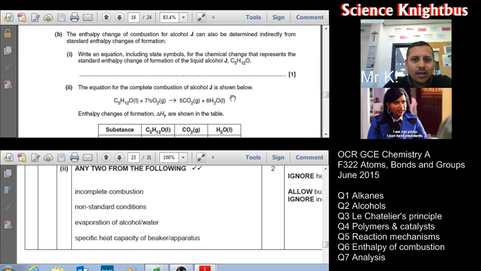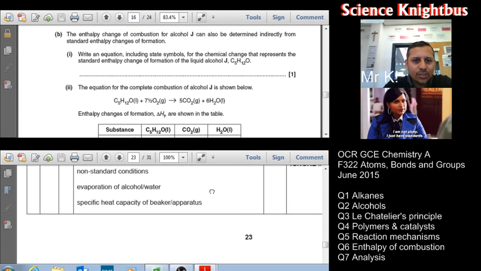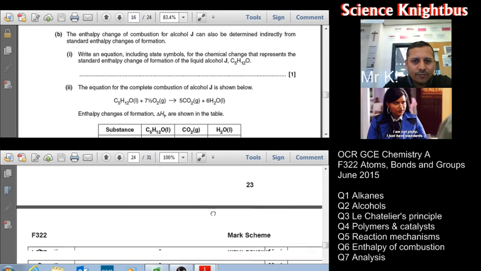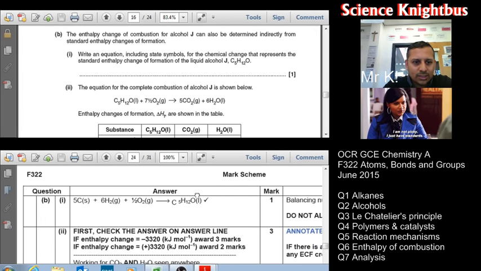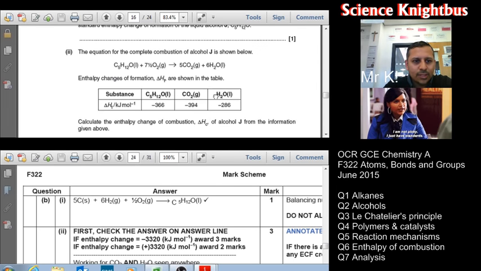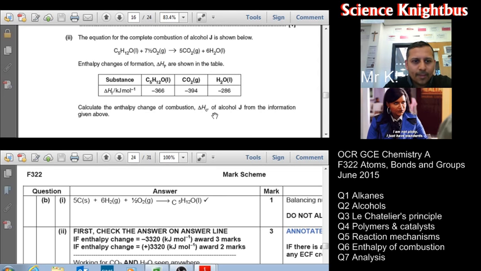Right, okay. Standard enthalpy change of formation. 5C plus 6H2 plus half O2 reacts to form C5H12O. So next question. Enthalpy change of combustion from the information given above. So you've got your combustion products at the bottom.